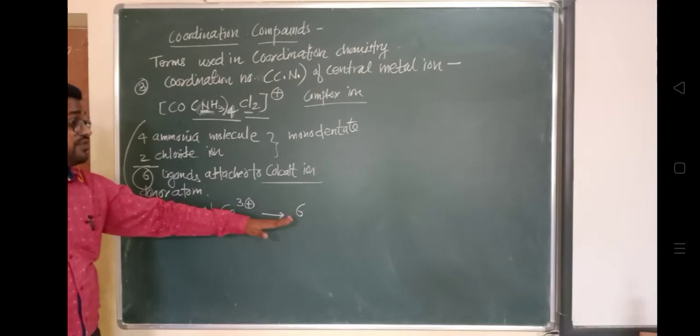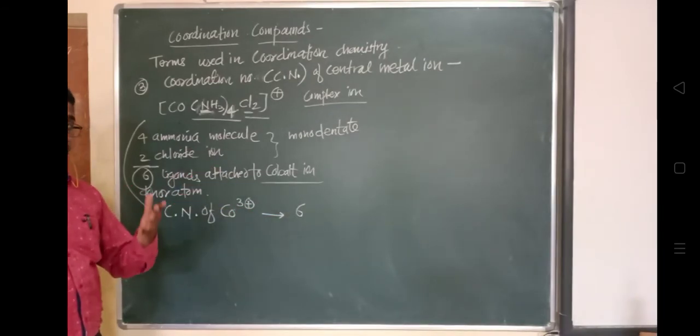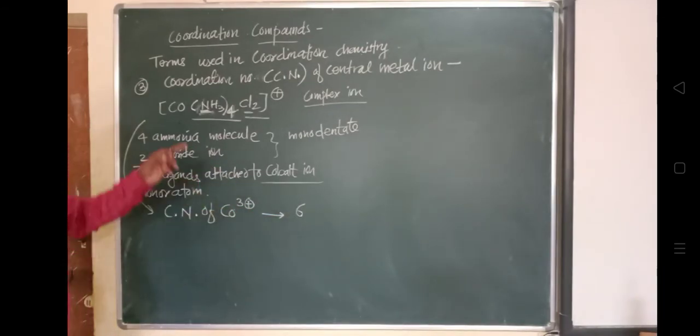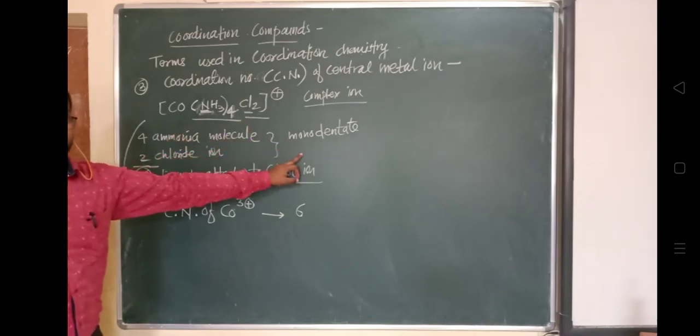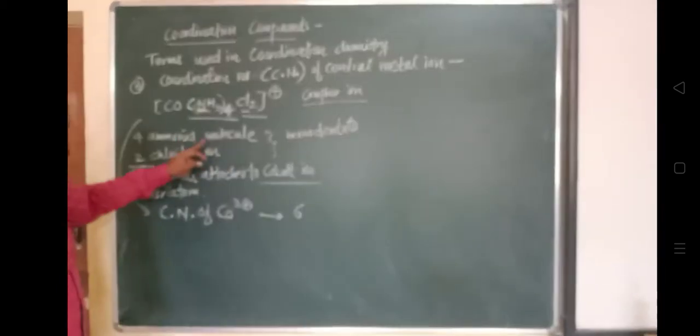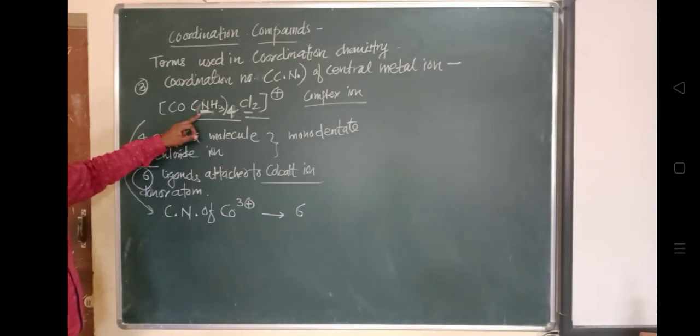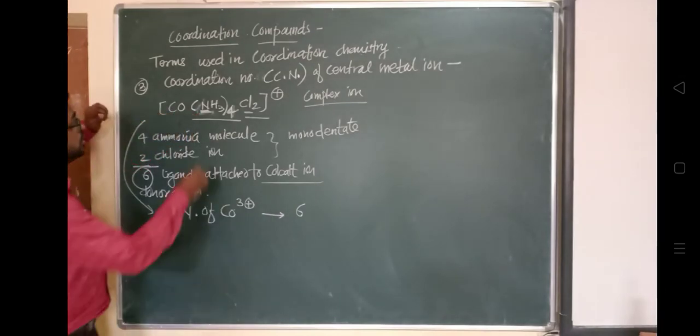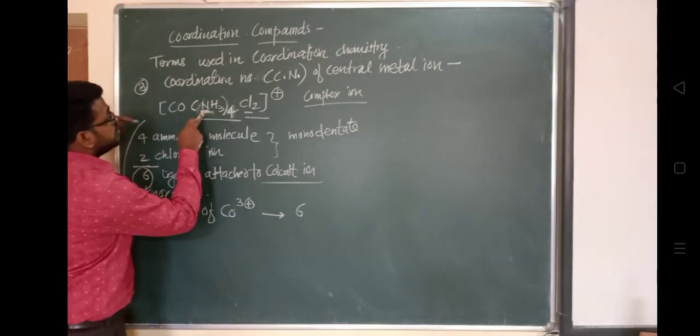So you can conclude that the total number of atoms in the complex which are donating their electron pair to a central metal ion, their addition is nothing but the coordination number of the central metal ion.